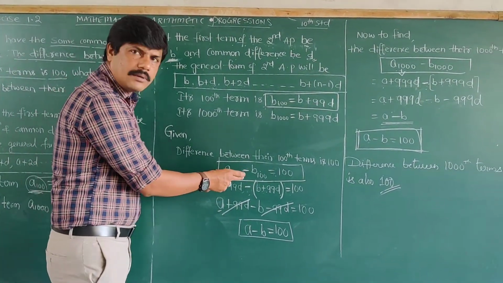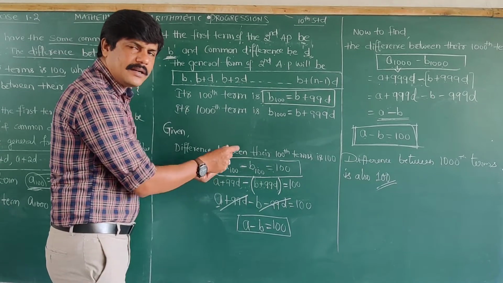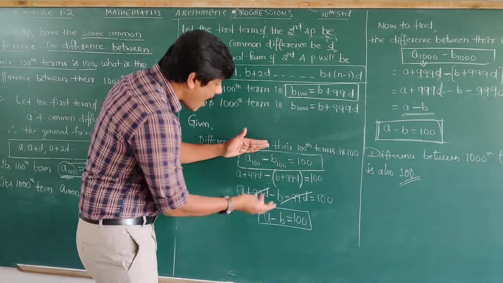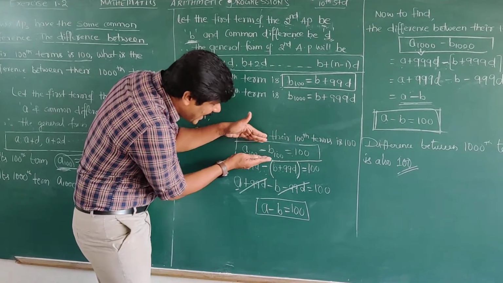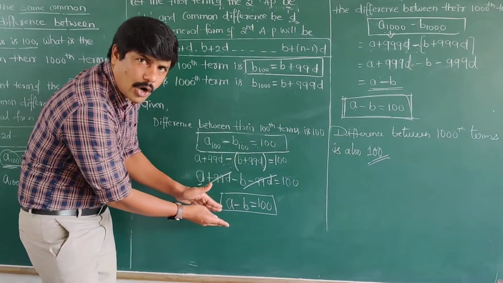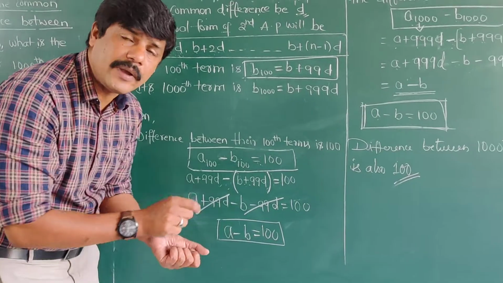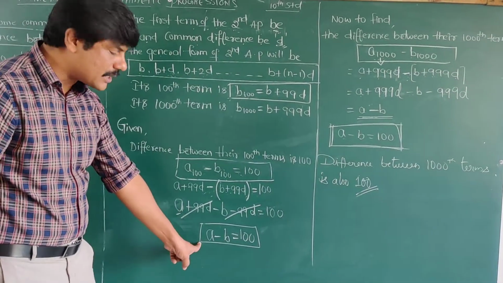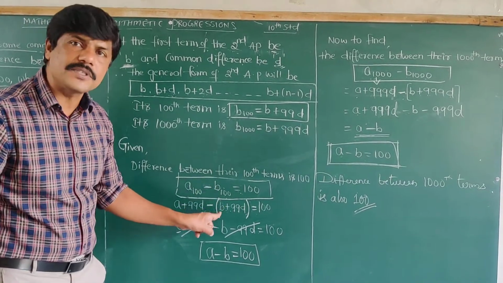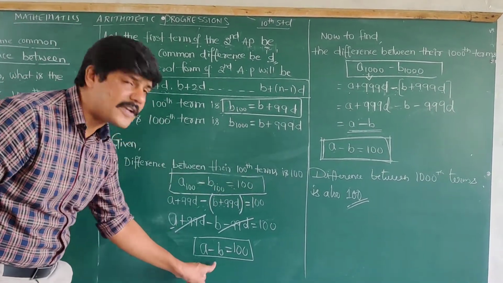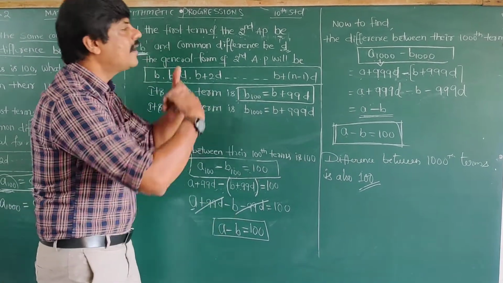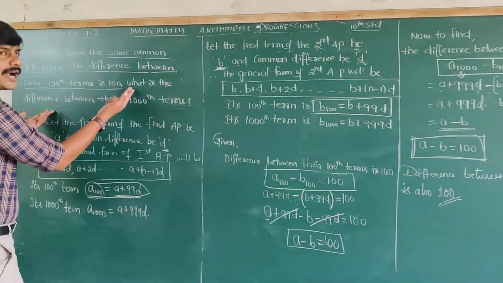We solved the statement that the difference between the 100th terms is 100, and we got that the difference between the first terms is also 100. Understand, children? We will keep this and then go on to find what is given next.